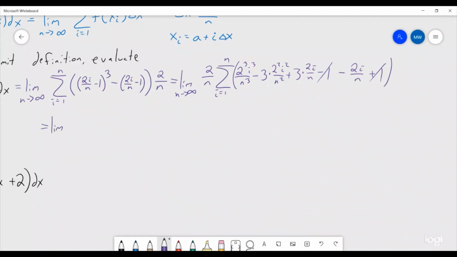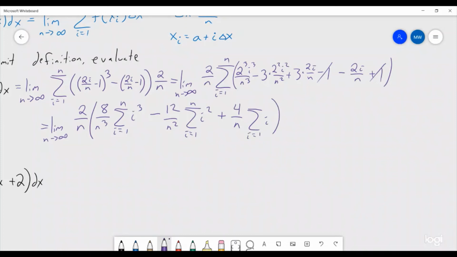So this is the limit as n goes to infinity of 2 over n times: 8 over n cubed, sum i equals 1 to n of i cubed; then a minus 3 times 4, so minus 12 over n squared, sum i equals 1 to n of i squared; then 3 minus 1 times the 2i's, so that's a plus 4 over n, sum of i's from i equals 1 to n.